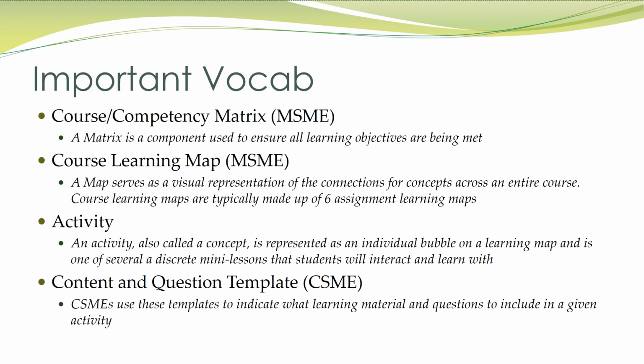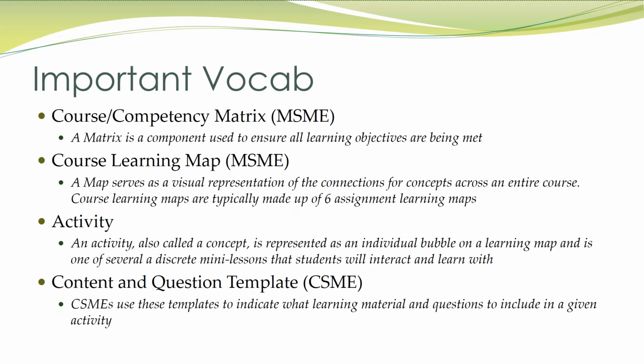We use the course learning map afterwards, after we have that matrix filled out, to visualize what the individual concepts that are required for a particular course experience, to visualize the connections across the course and across the course learning experience. And so you'll have an activity, which is an individual bubble on a course learning map.